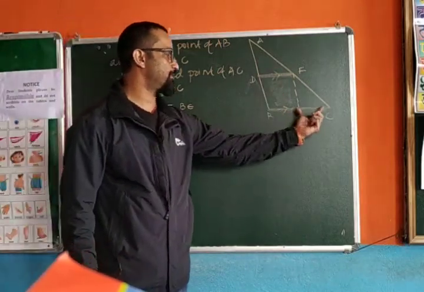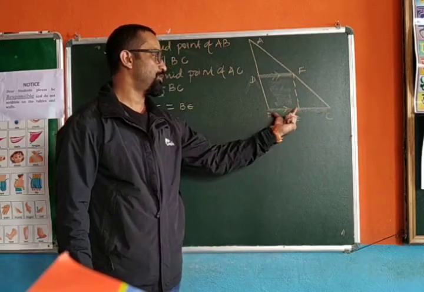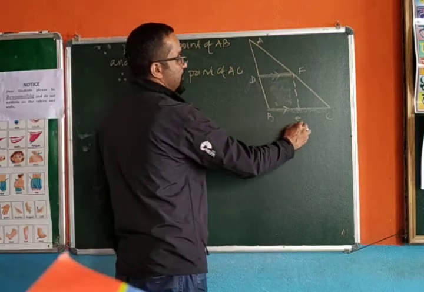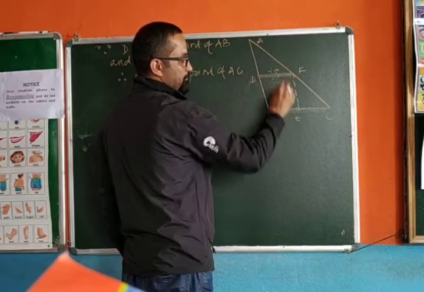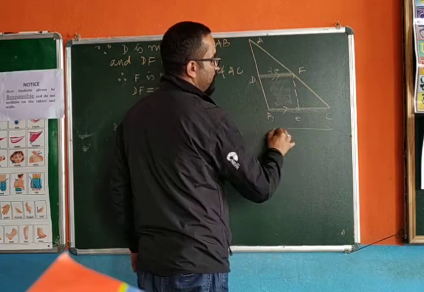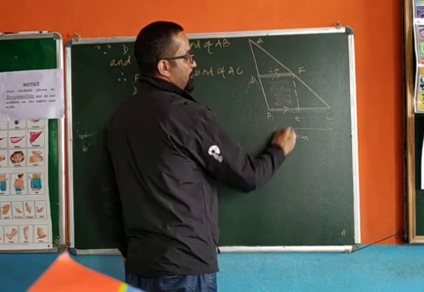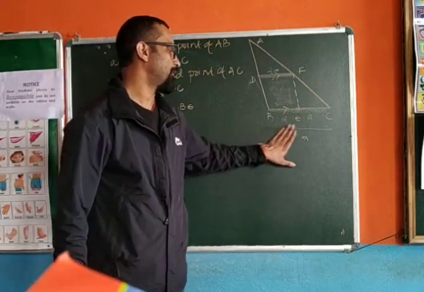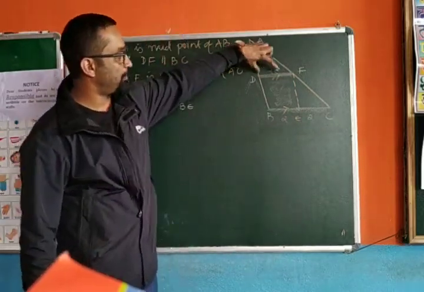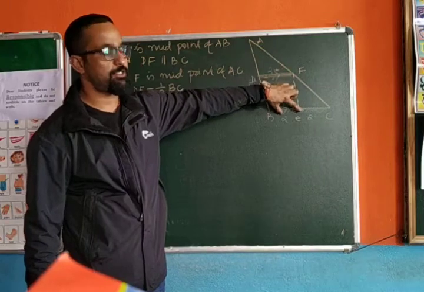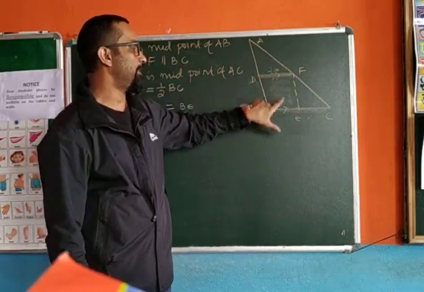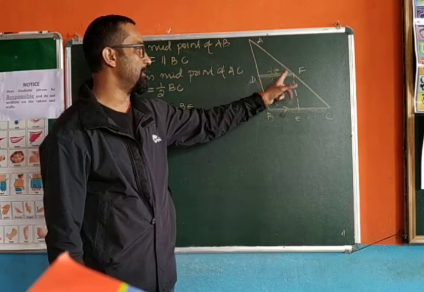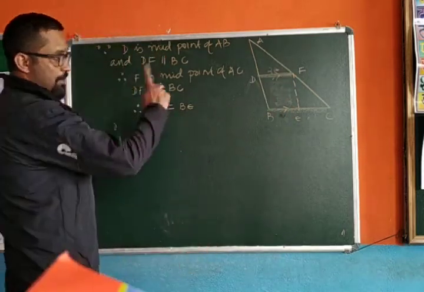Half of it means these two lengths are equal. So this length will be equal to this out here. Suppose you take this one as 2 centimeter. So this entire length will be 4 centimeter. 4 is divided in 2 equal parts, 2, 2. So by midpoint theorem, DF is half of BC, which is equal to BE, so BE is equal to DF.